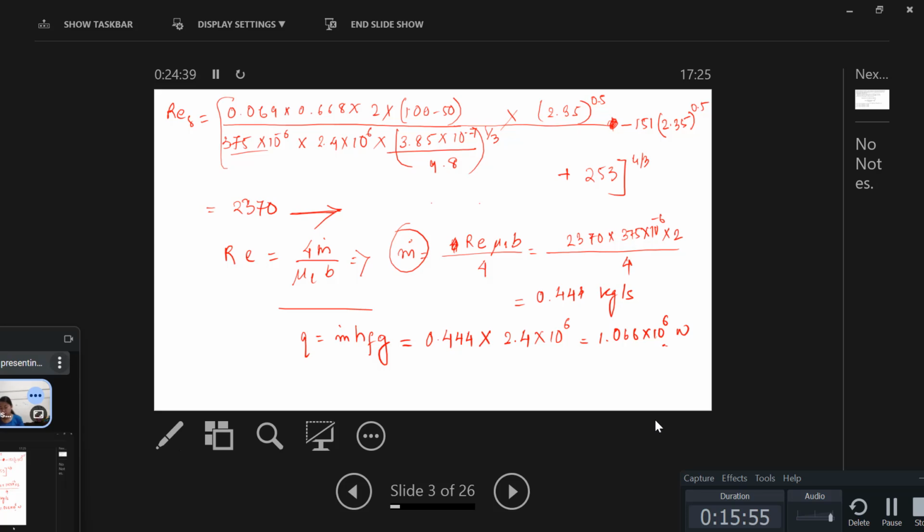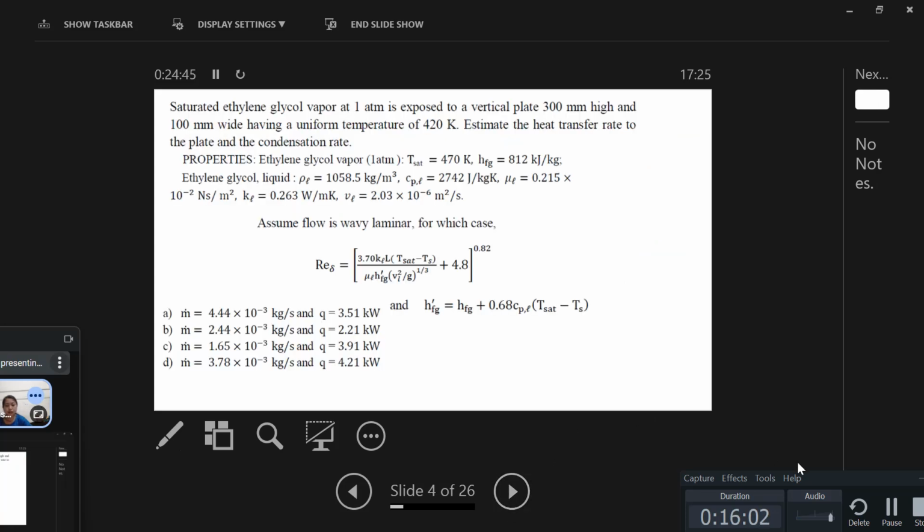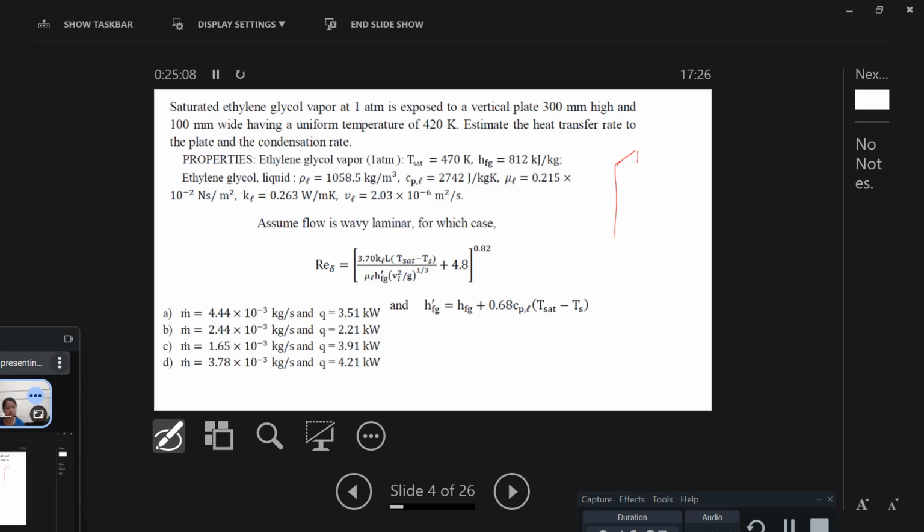Okay, so we'll go to the next question. The next question is: saturated ethylene glycol vapor at 1 atmosphere is exposed to a vertical plate, 300 millimeter high and 100 millimeter wide, having a uniform temperature of 420 Kelvin.